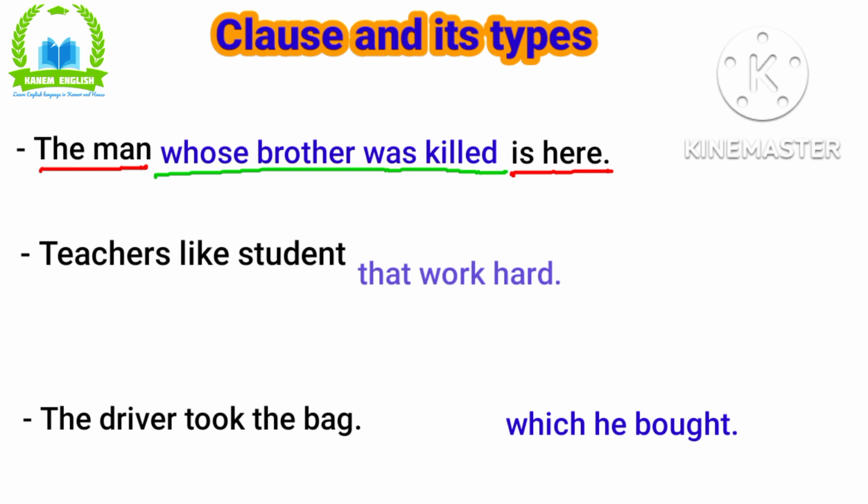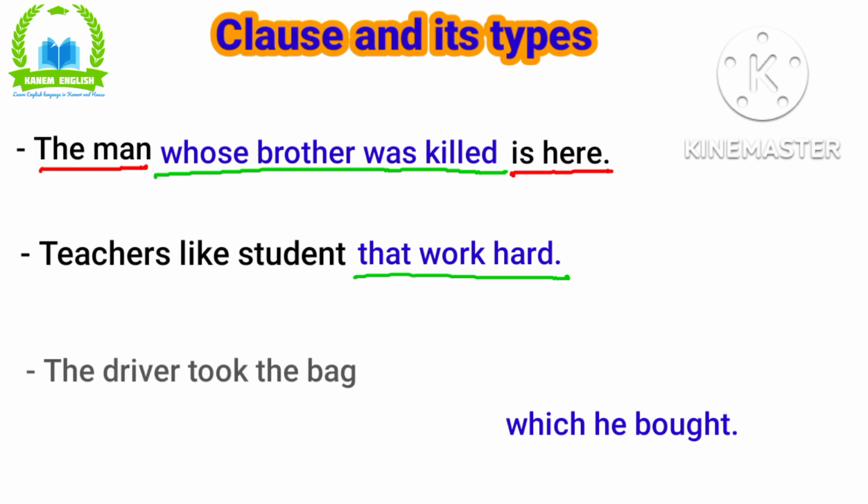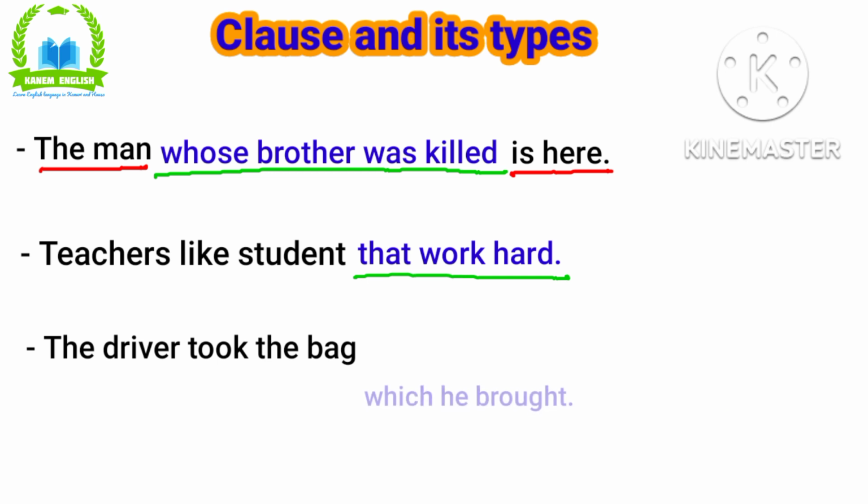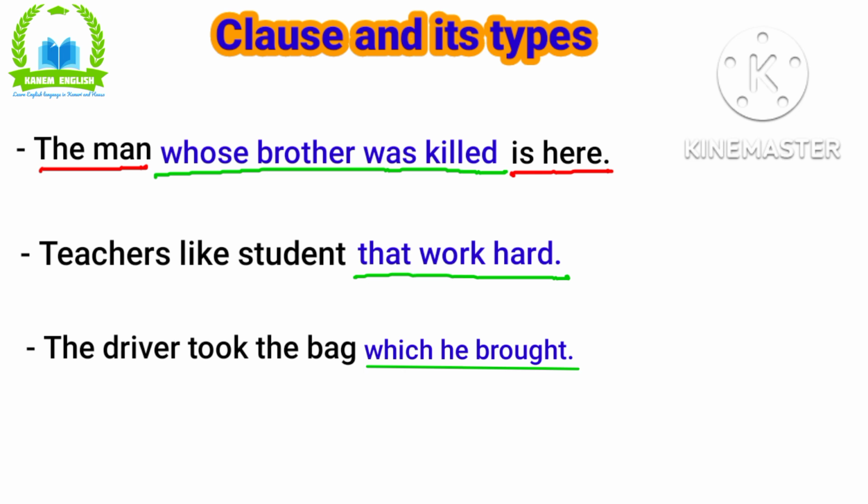"Teachers like students that work hard." So you can see that "that work hard" is the dependent clause, but the meaning has come out when we join it with the independent clause. "The driver took the bag which he brought." So "which he brought" is the dependent clause, while "the driver took the bag" is the independent clause.